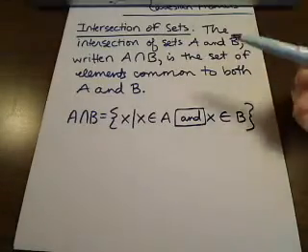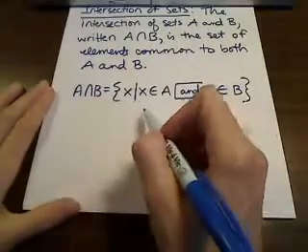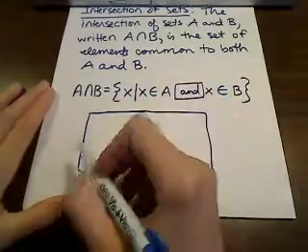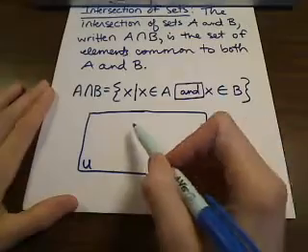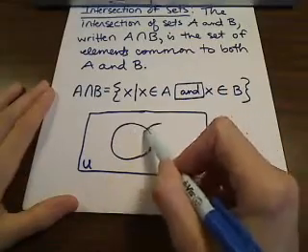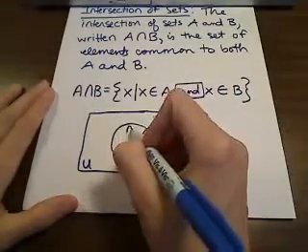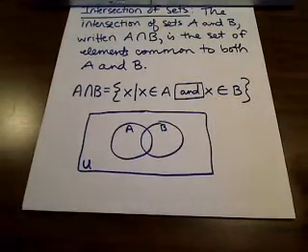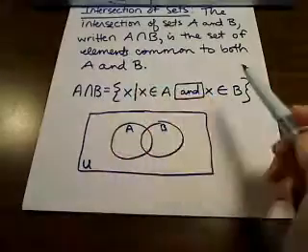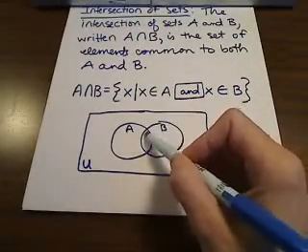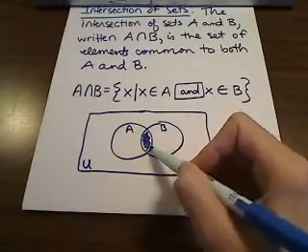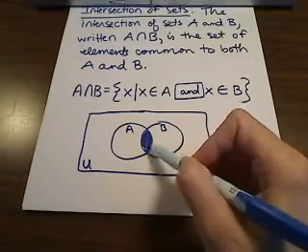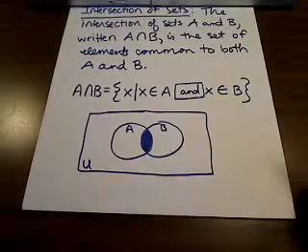And so if we were to draw a Venn diagram that goes along with this situation, we have our universal set, and then we have some set A and some set B. So I'll call that A and I'll call that B. Then when we talk about the intersection, and if we're looking at what they share in common, we're actually just talking about this region right in here. So that's the region that both A and B have elements in common.